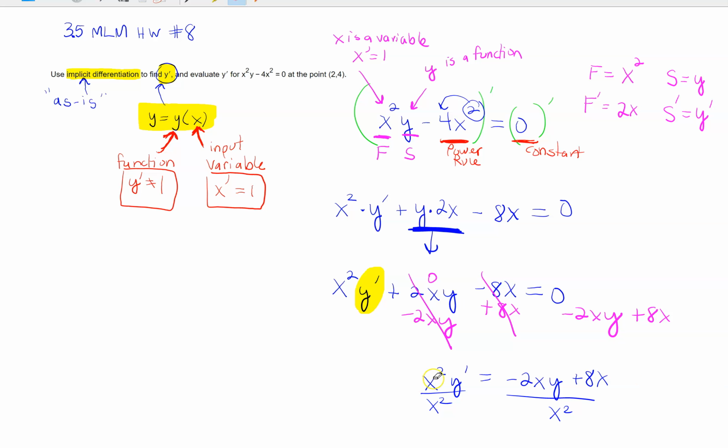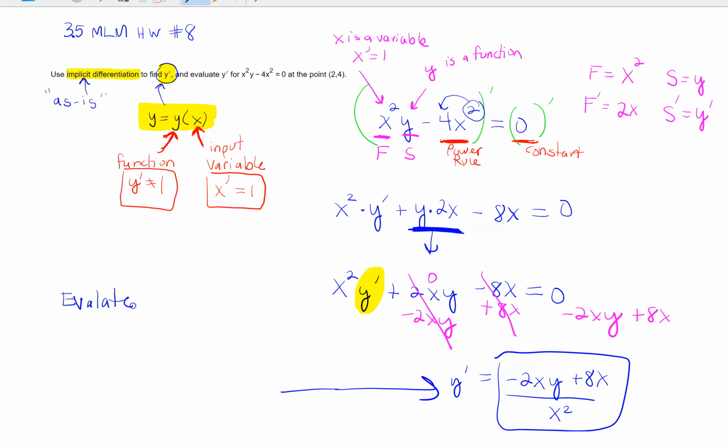Now your y prime could look a little different if you rearrange things in the opposite order, but they'd be equivalent. The last thing we're being asked to do here is to evaluate this y prime at the point 2, 4.